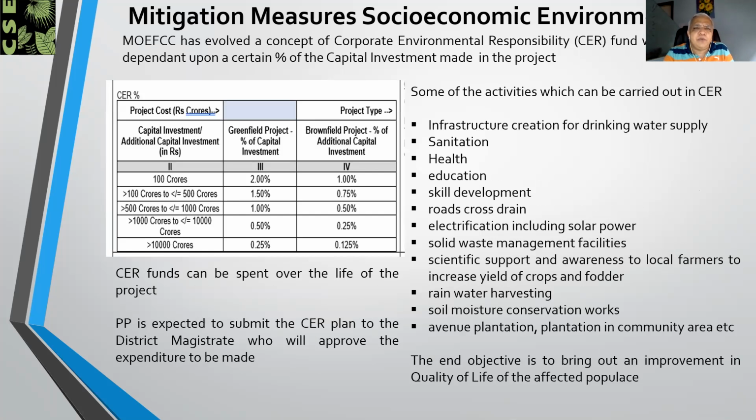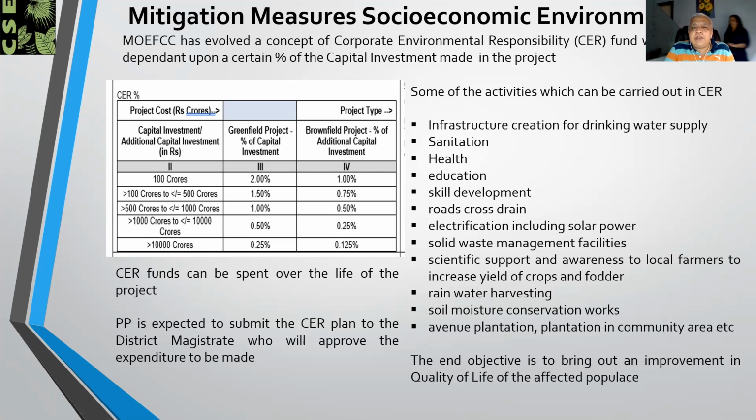A very good scheme which was introduced by MoEFCC is the Corporate Environment Responsibility Fund. In this case, the proponent has to provide a certain percentage of the project cost, project capital investment, depending upon whether it is a greenfield project or a brownfield project, and has to prepare a CER plan, which is to be approved by the district magistrate.